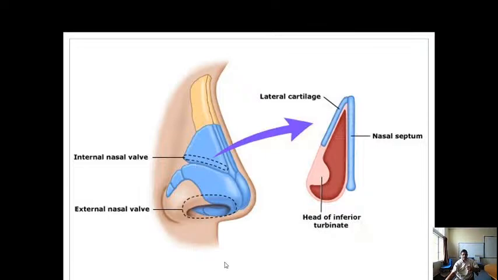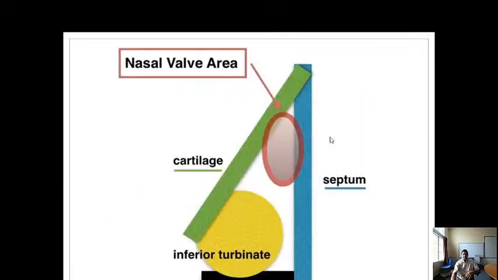There is a depression there which produces a kind of small projection into the nasal cavity. And as I said, the anterior end of the inferior turbinate on the lateral side, and on the medial side the septum, forms the nasal valve.